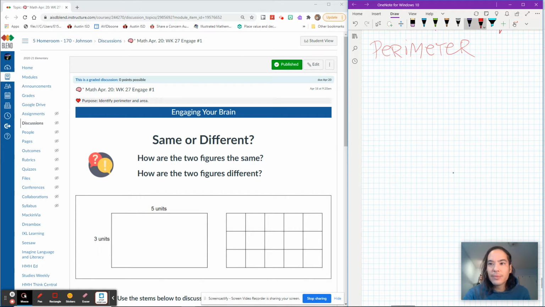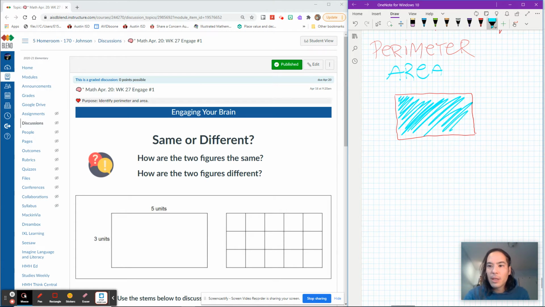and area. All right. So remember, if we're talking about a rectangle, the perimeter is the outside, the distance around the whole thing, and the area is all the space on the inside.